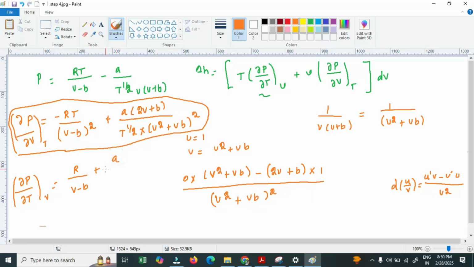We will get the LHS for step number 1 or 3. You have to integrate from 1 to 2. So let me do these steps: substitution of these two terms here and simplification in the next slide.